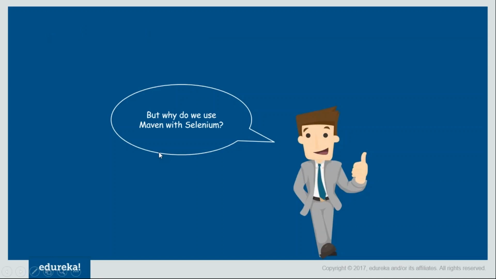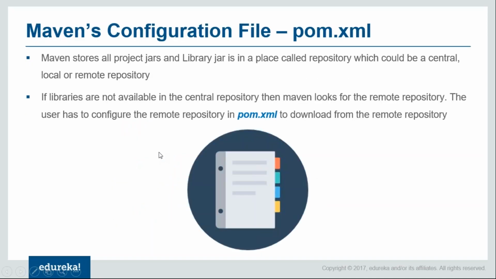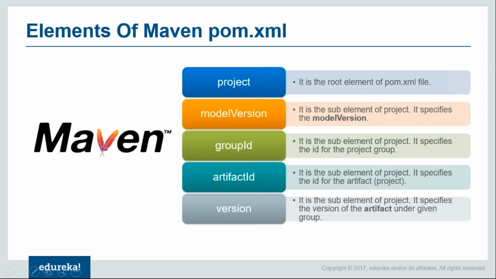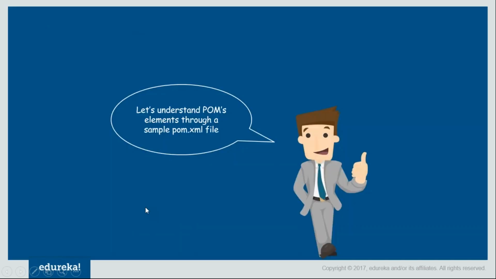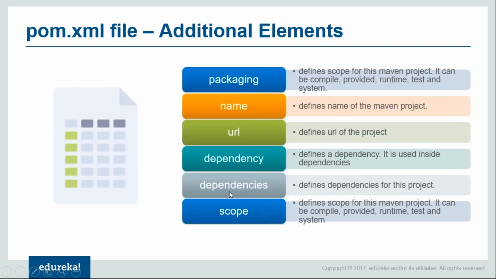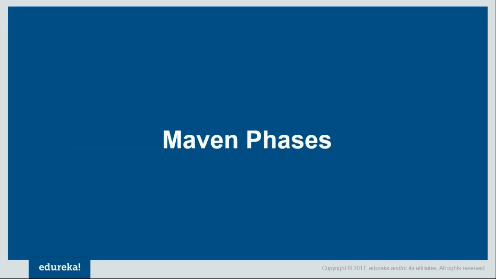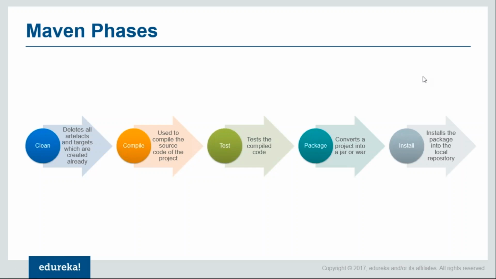We also spoke about the use of your pom.xml file, and we saw how to configure it, and what the project, model version, group ID, artifact ID, and version are. And then what is to be added inside your pom.xml. We added your dependencies, you can use your URL also, and we also saw the additional elements and the Maven phases like clean, compile, test, package, and install.